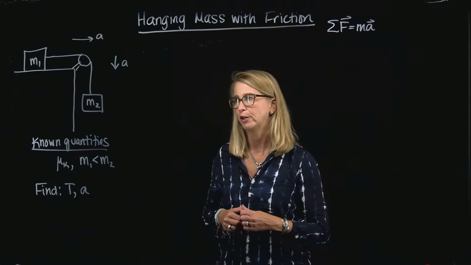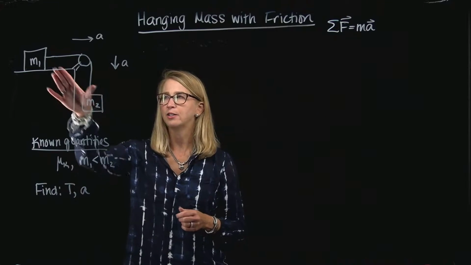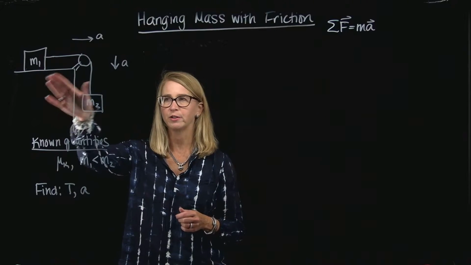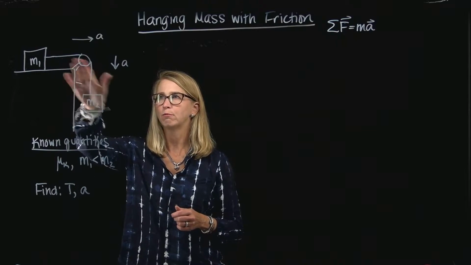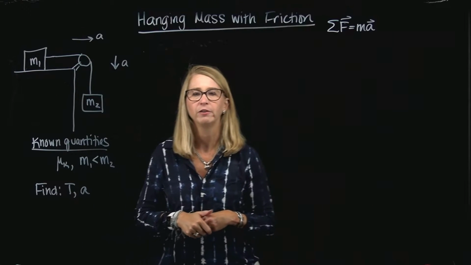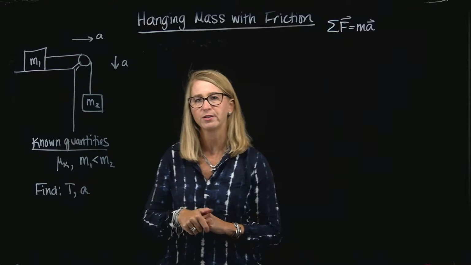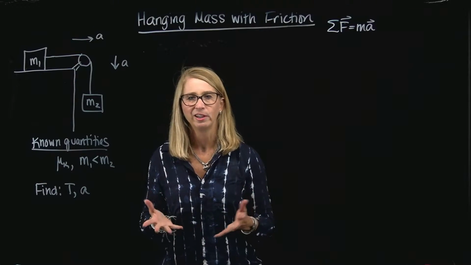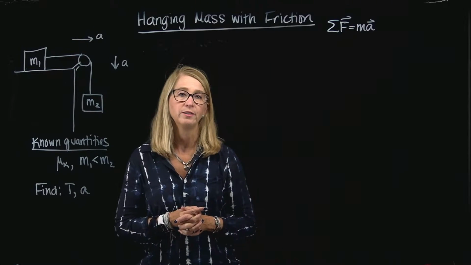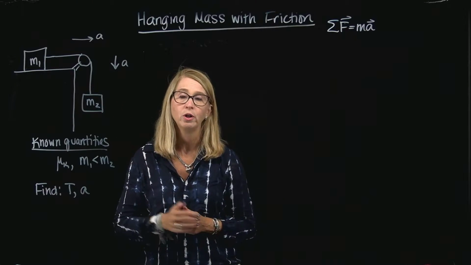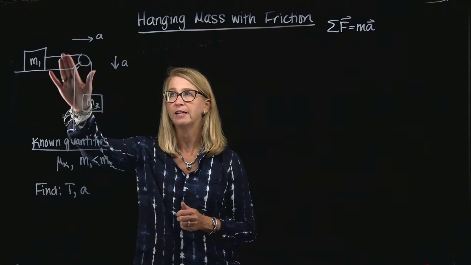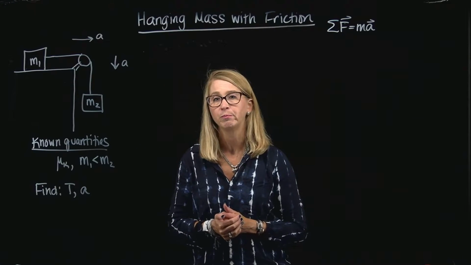So here's our scenario. We have a mass connected to another mass on a flat surface, but one is hanging. It's connected by a rope hanging over a pulley, and for now, our pulley is frictionless. We might not really know what that means, but a consequence of that is that the tension in the rope in both pieces, both here and here, are going to be the same.